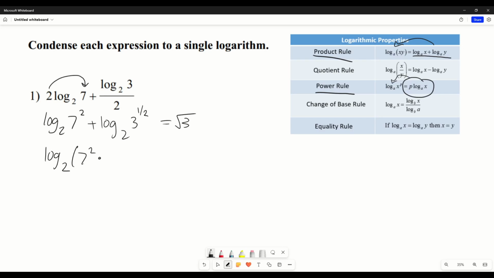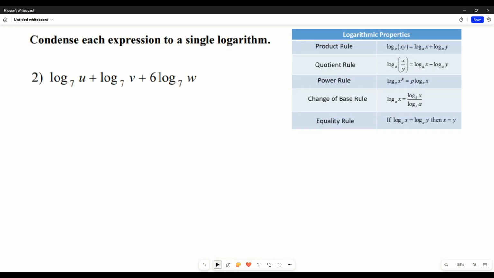When you look at this 1/2, think of it as the root, and whatever is being squared, or the power. So this is basically the root 2 of 3 to the first power, but we don't need to put that one there because 3 to the first power is just 3. So this is just going to be root 3, and here is our answer to question 1.